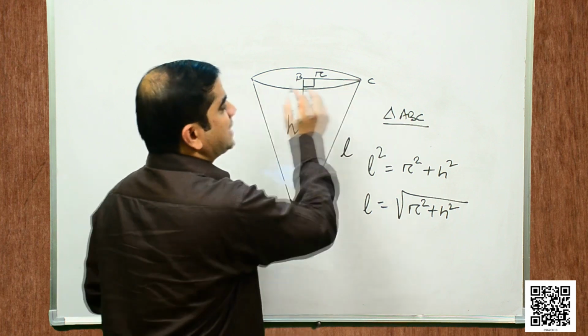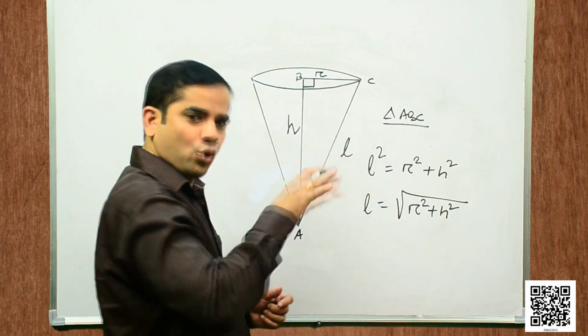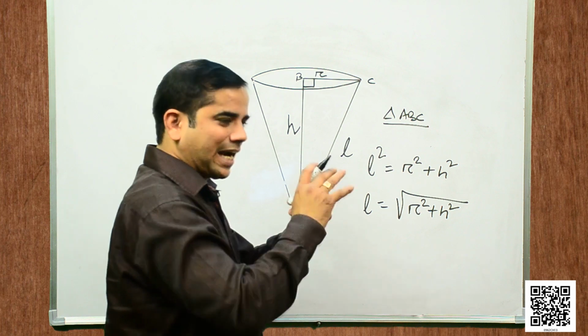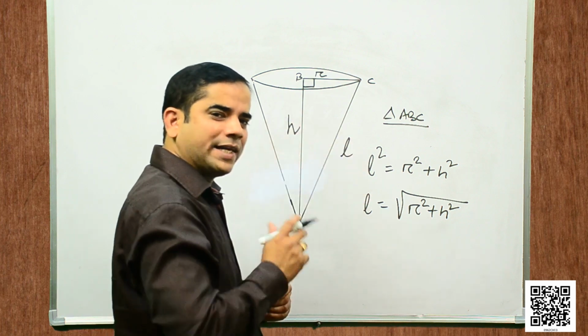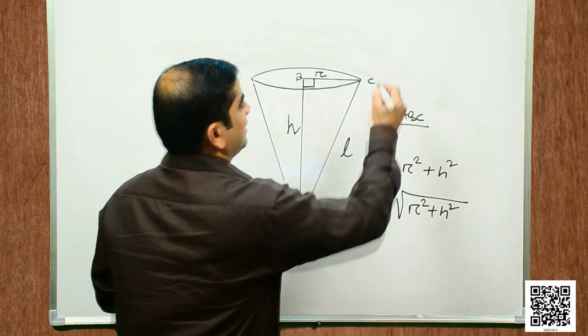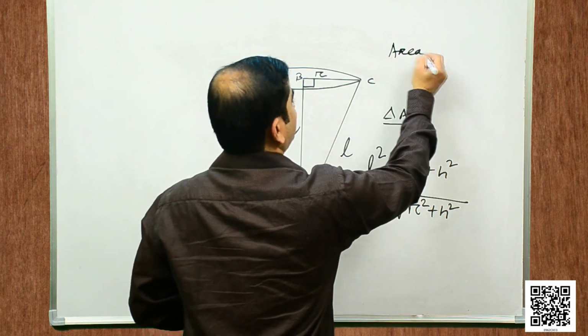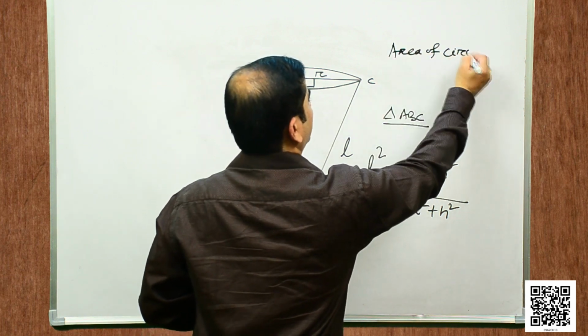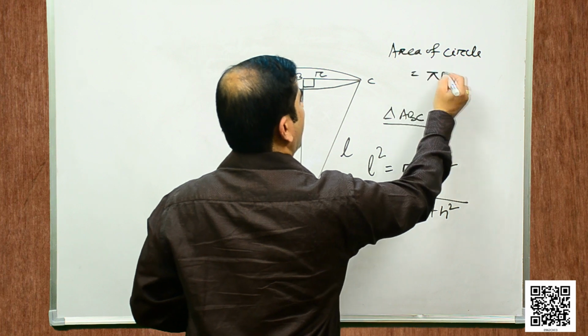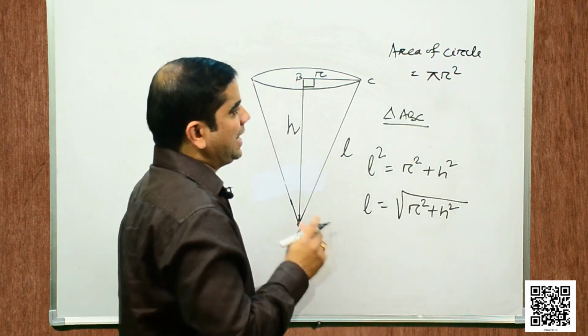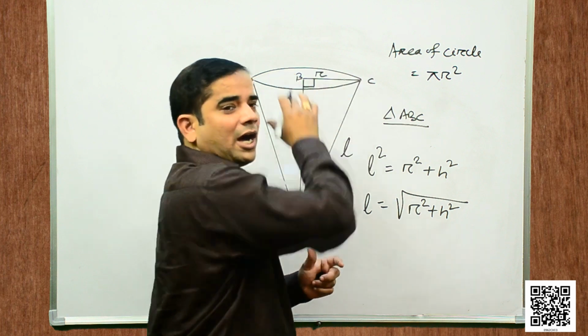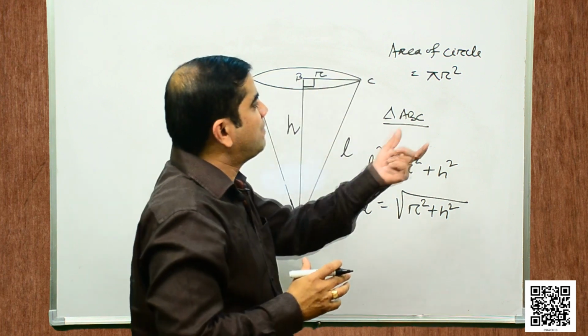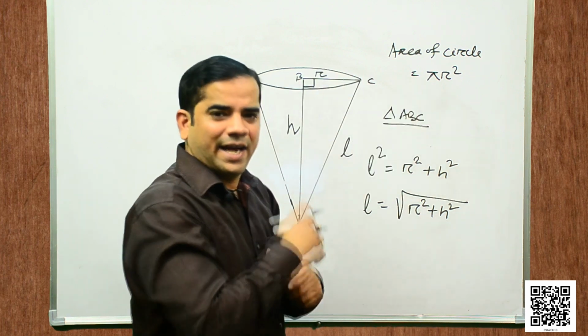So this base is circular. If I close it, then I need that much area to cover. What is the area of a circle? Area of a circle is equal to pi r square. That means if I need to close the base, I have to have pi r square of area.